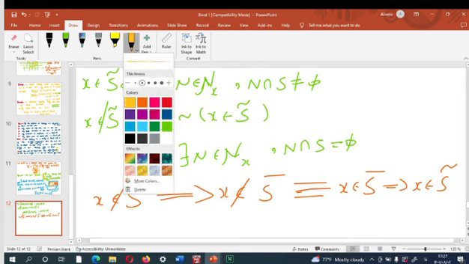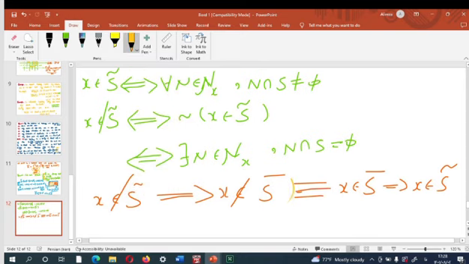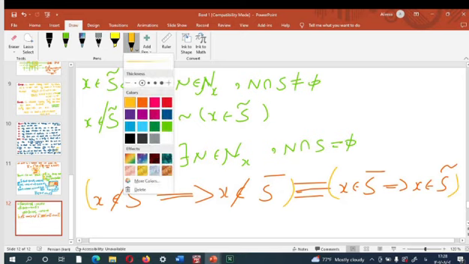This holds by these properties that we know.